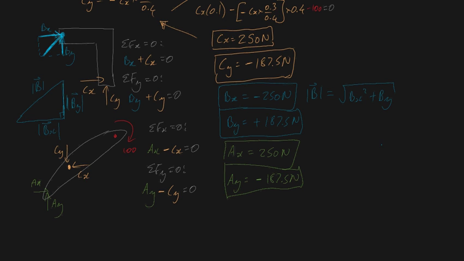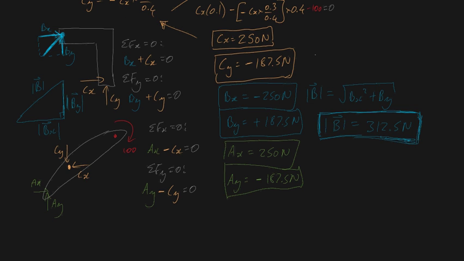This is huge because we can literally just substitute this in now to get our answer, meaning that the magnitude of our reaction force at our pin B is actually going to be equal to 312.5 newtons. That is your answer for the magnitude of your reaction force at point B. Remember, we're dealing with a magnitude here, so no direction necessary.